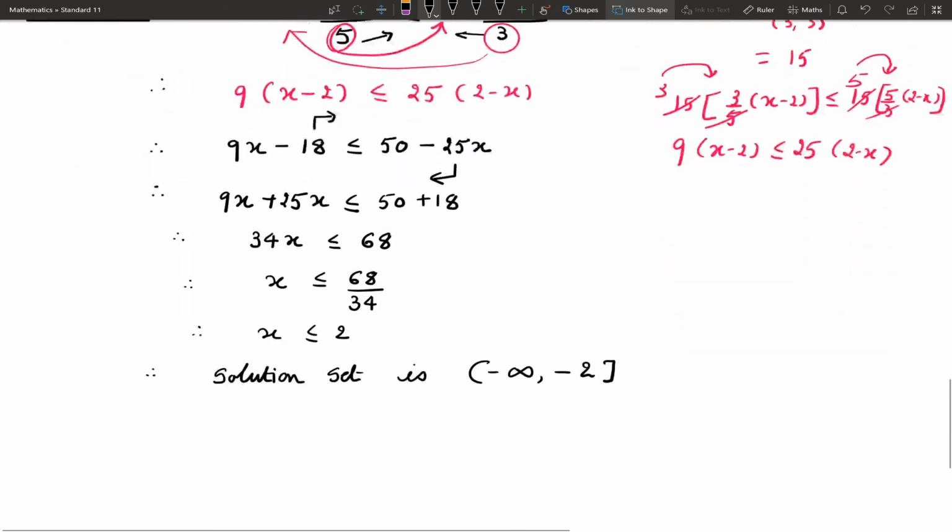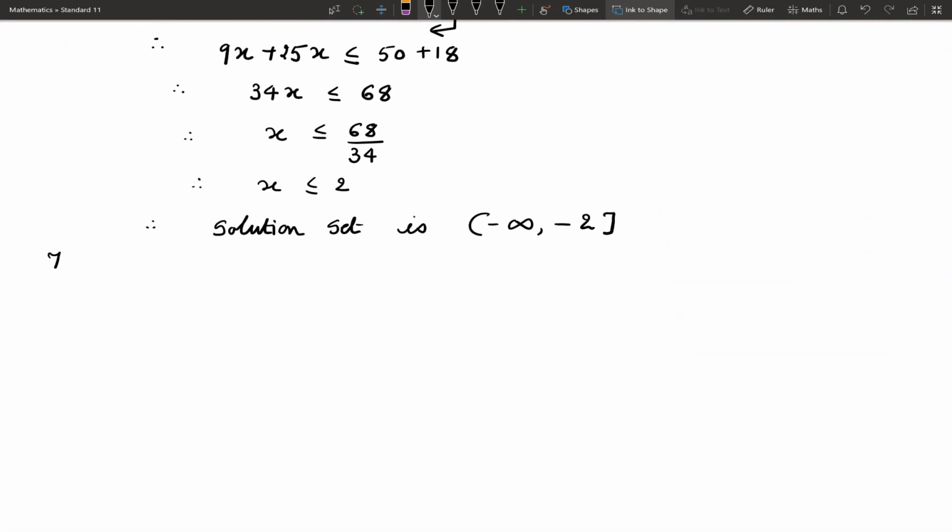We solve the next one. Solve 1/2 into bracket 3x minus 3x by 5 plus 4 greater than or equal to 1 by 3 into x minus 6.